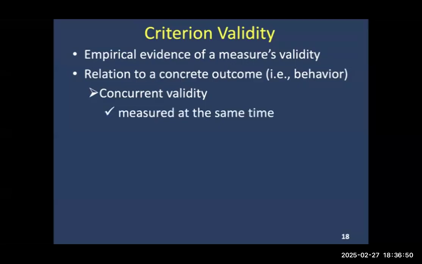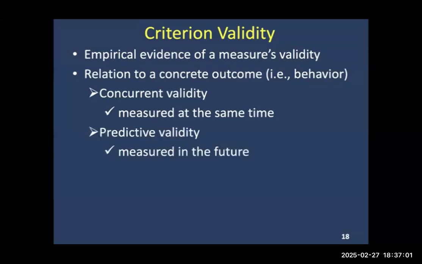You have two different measures correlate with each other, and they were from data collected at about the same time. Predictive validity, now we're talking about something that is happening today, data we're collecting today, and it's going to help us anticipate behavior in the future or some kind of outcome or measure in the future.